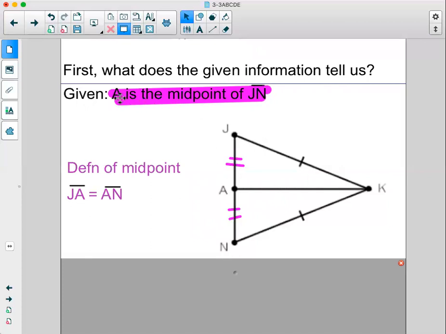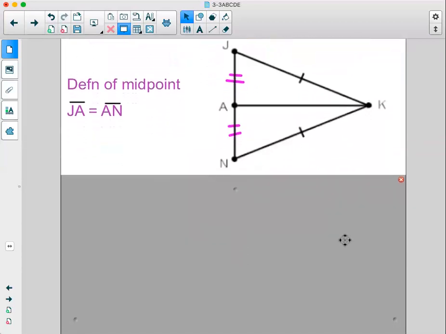And so since we're allowed to trust the given that A is the midpoint of JN, we now know that AJ and AN must be congruent because of the definition of midpoint, that a midpoint divides a segment into 2 congruent parts. And we were already given that JK and KN are congruent. That was part of the given.